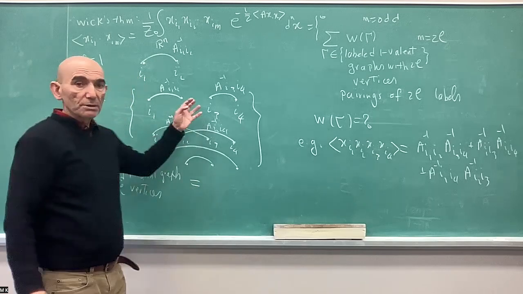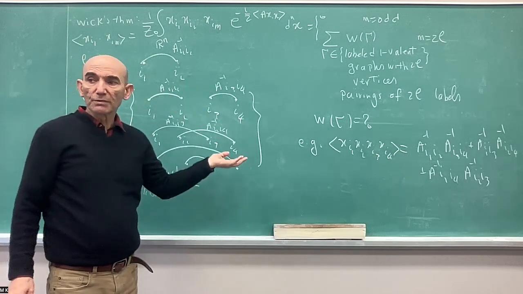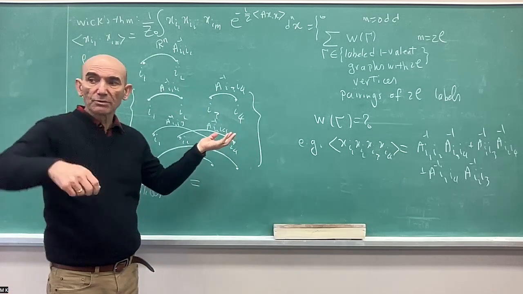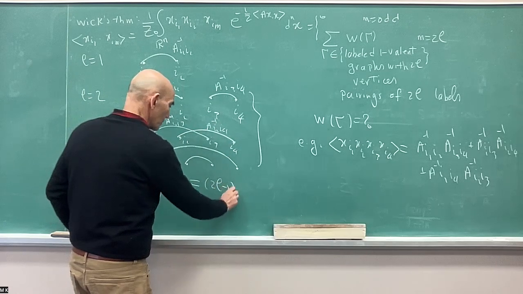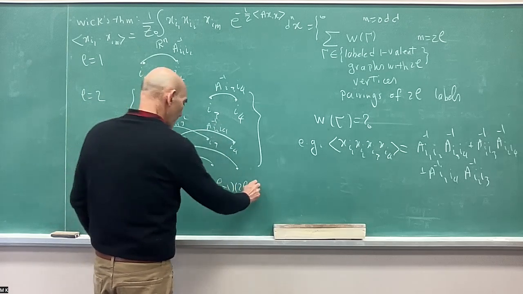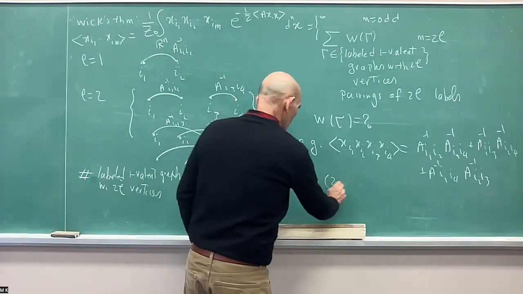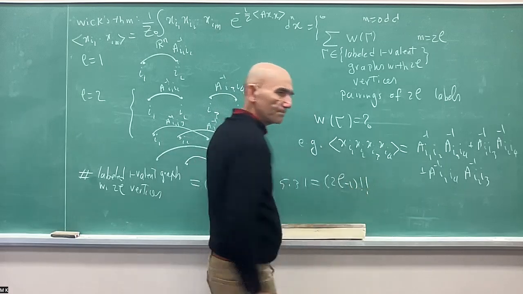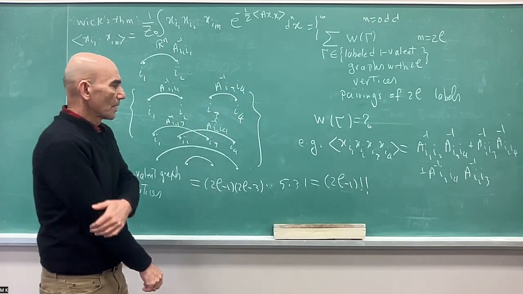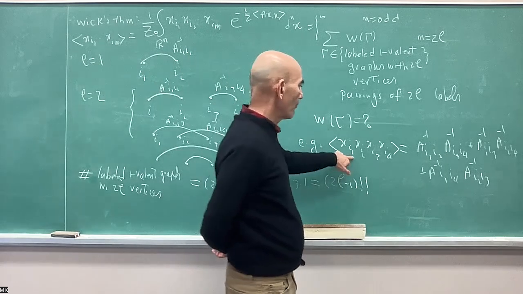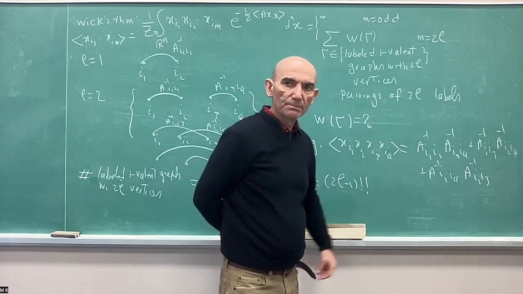If you count, you see that you have 2L minus 1 choices for the first thing to connect, and then 2L minus 3 and so on. So it's a product of all these things, 2L minus 1, 2L minus 3, down to 5, 3, 1, which we denote as 2L minus 1 double factorial. So for 4 we have 3 terms, but for 6 we will have 15 terms.